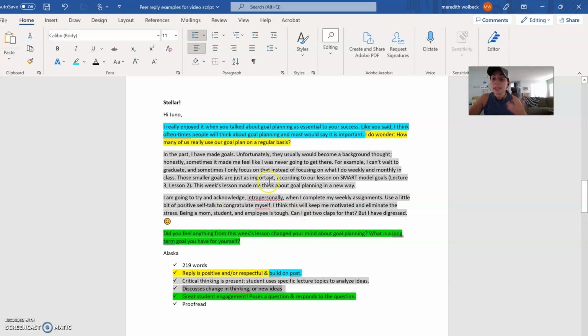So they're not just communicating what they've learned, like the good and the great peer replies do. They also talk about how what they have learned has changed their mind on something. So that makes this post stellar because it takes that critical thinking to the next level. It doesn't just explain what they've learned, it explains how it's caused change in their lives or in their ideas.